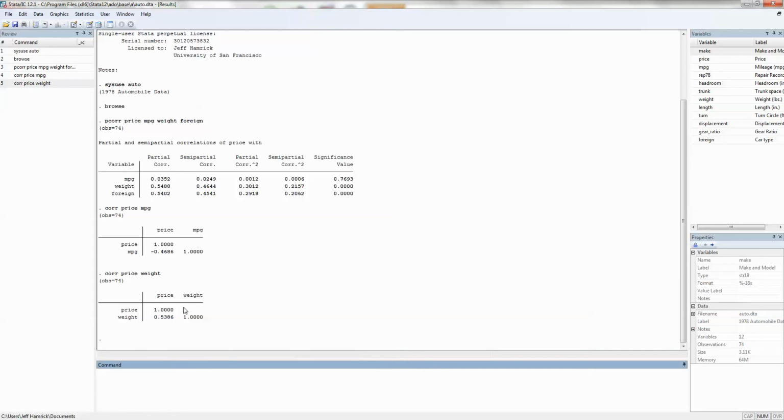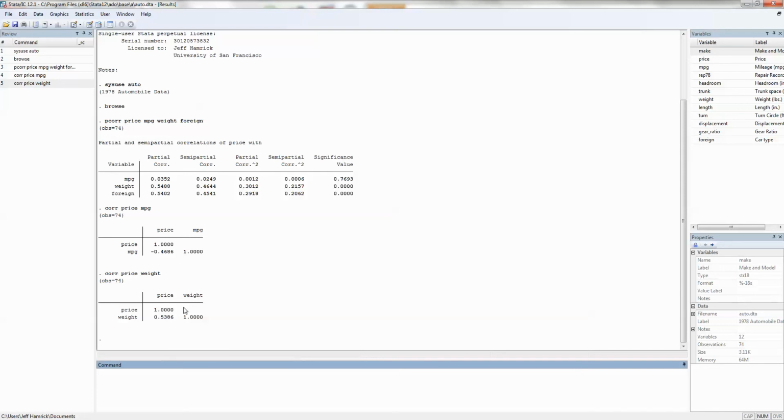That suggests to us that in the context of miles per gallon, weight, and foreign, the correlation between price and weight is kind of independent of the correlation between price and miles per gallon and price and foreign. That is to say, the information provided by weight is kind of orthogonal to or different from the information about price that's contained in miles per gallon and foreign.